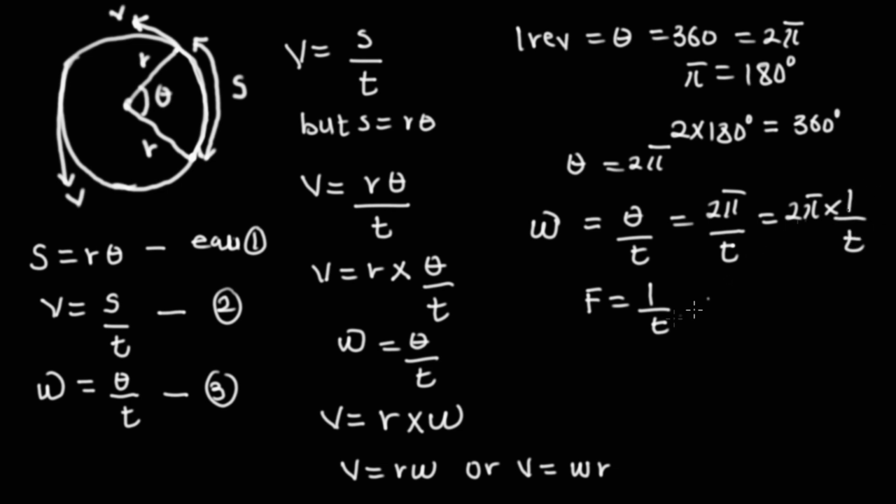Then I replace 1 over t with f. So w equals 2 pi f. That is when you have an equation to solve, you should be playing around with all this. So this is what we have for today, the derivation of linear velocity and angular speed.